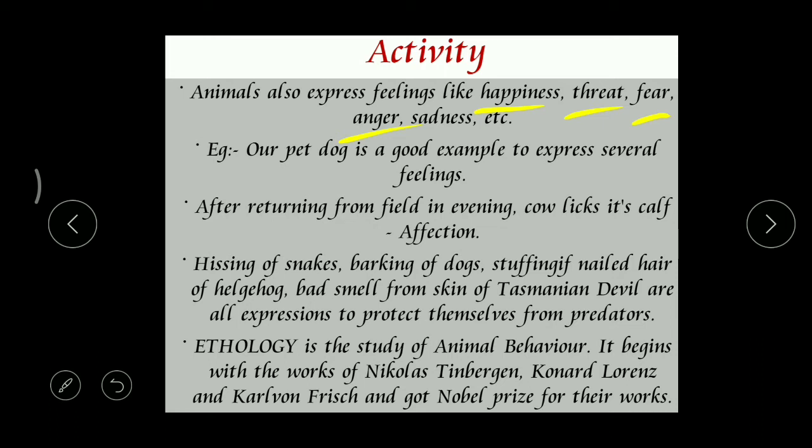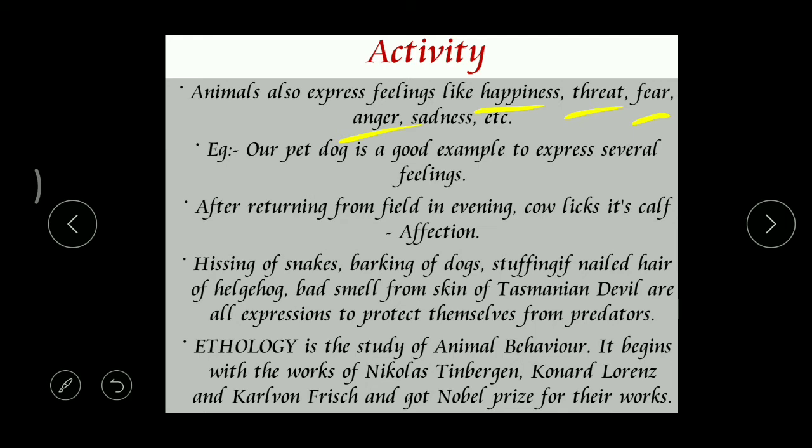Okay, and after 3 days, on the fourth day, when your father comes back to your home, have you seen that kind of situation? Immediately this dog runs towards your father, and then what does it do?